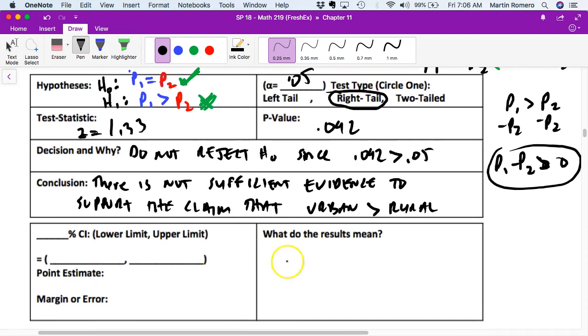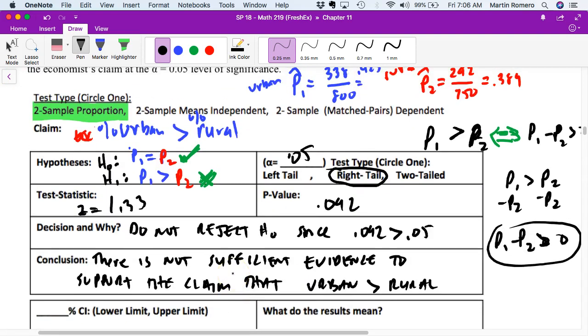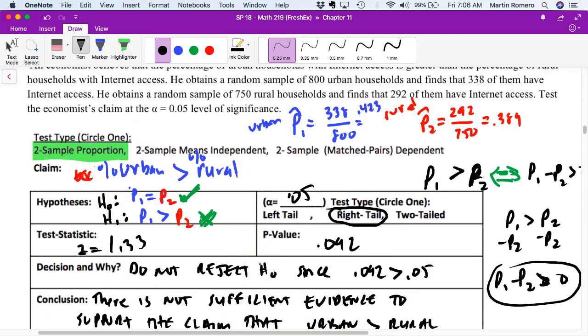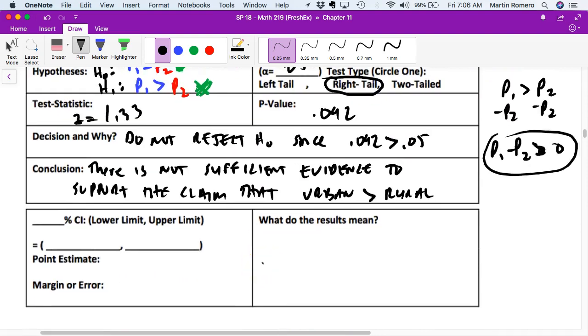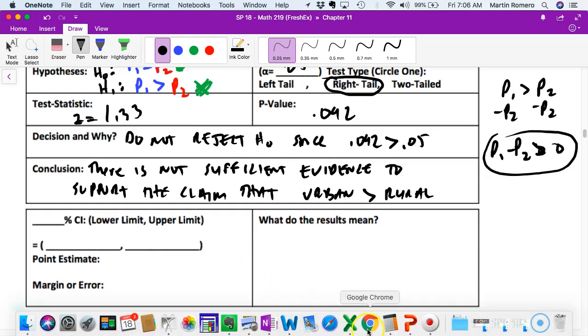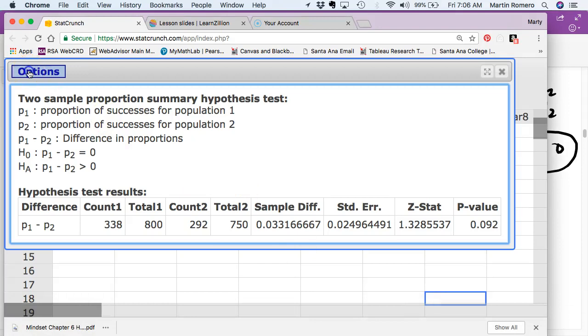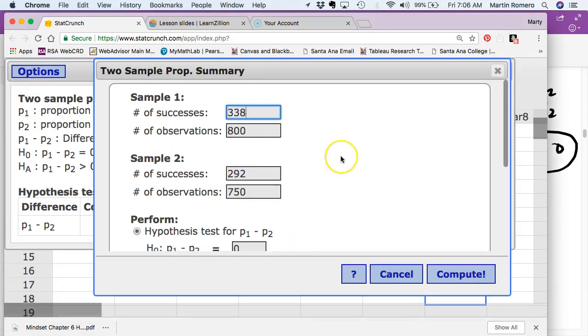And so the last thing we add in chapter 11 is that we can also do a confidence interval to determine that. So we're going to add that, it'll be the last piece.